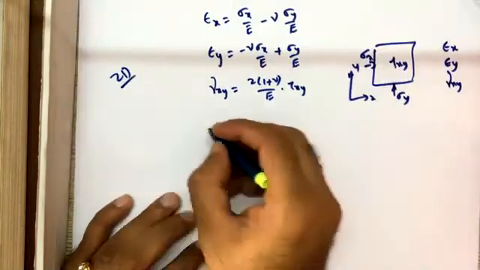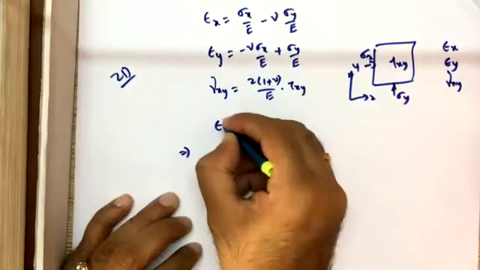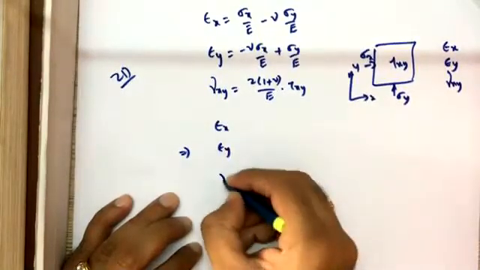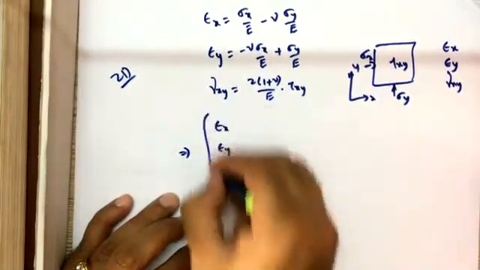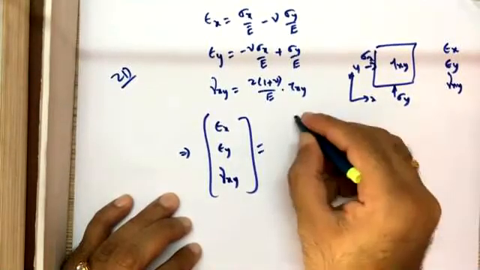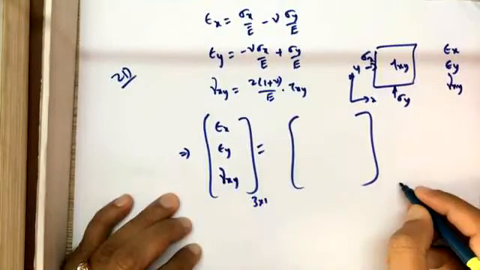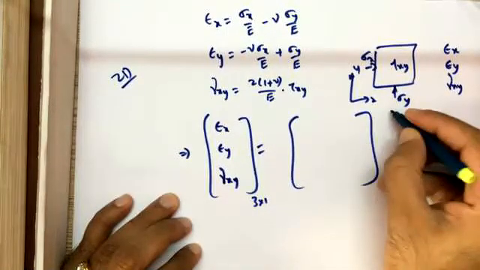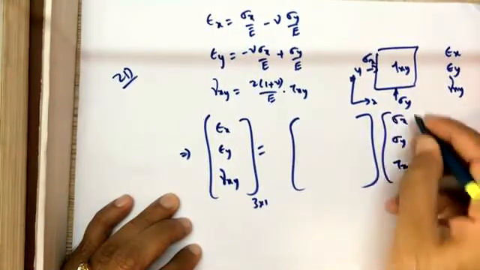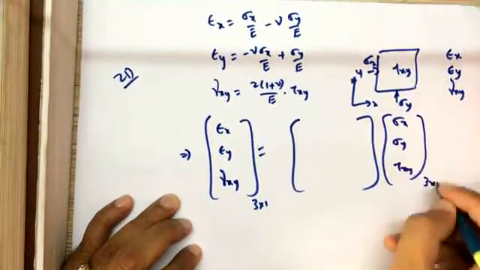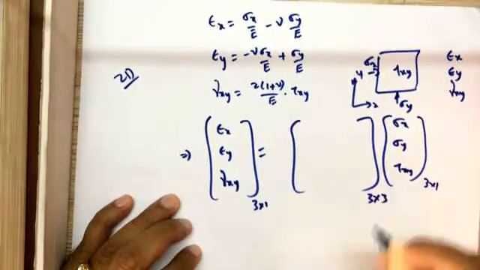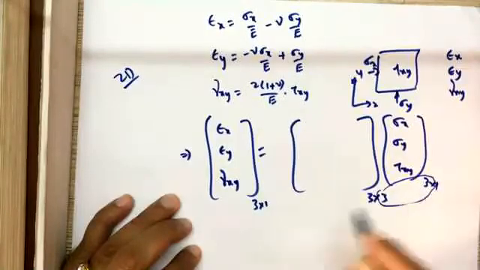So epsilon x, epsilon y, gamma xy is equal to some matrix times sigma x, sigma y, tau xy. This is 3 by 1, so the matrix should be 3 by 3. If I multiply these two, I get 3 by 1.